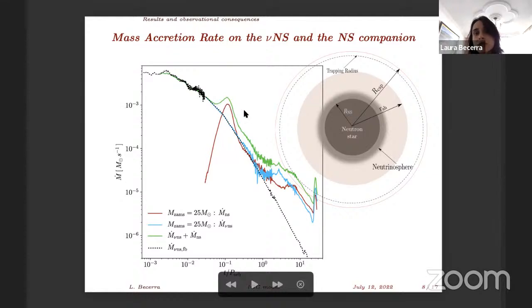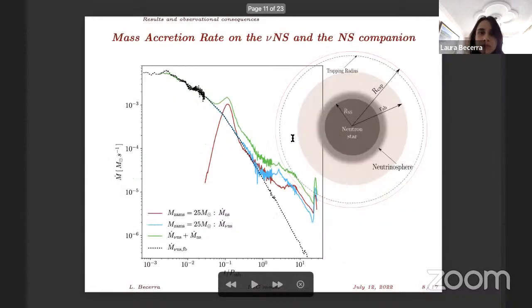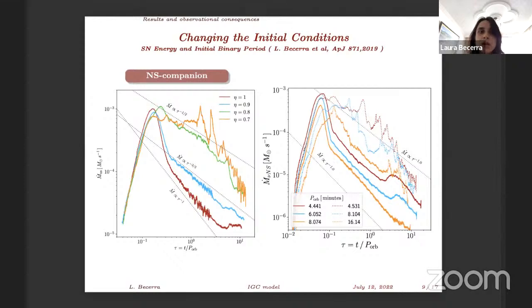And for this scenario, the most efficient process for the emission of neutrinos is the electron-positron annihilation.